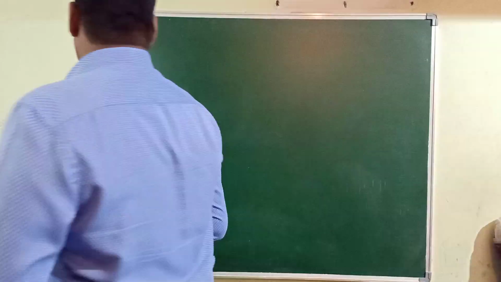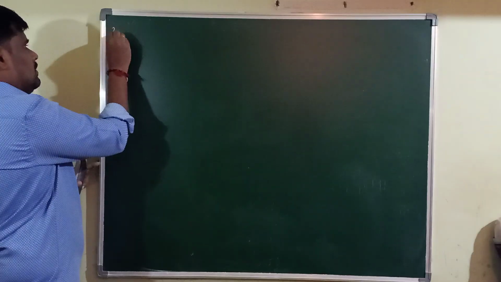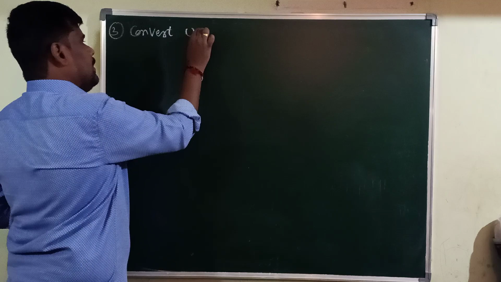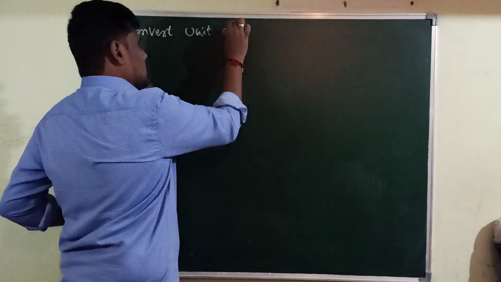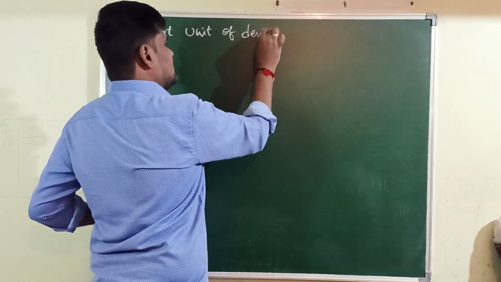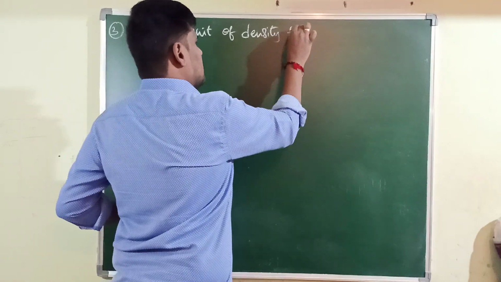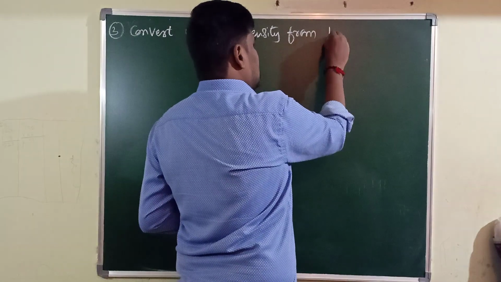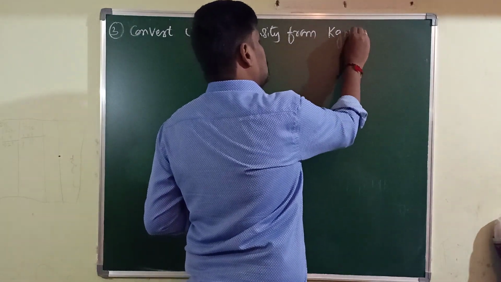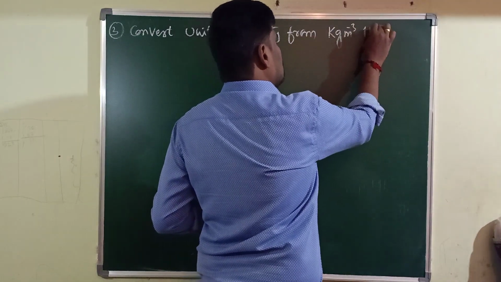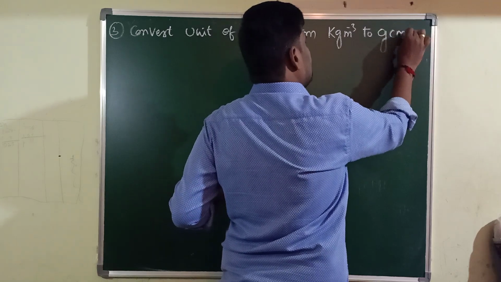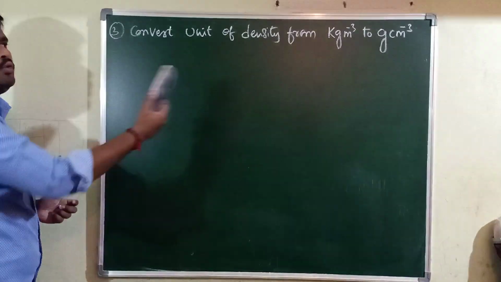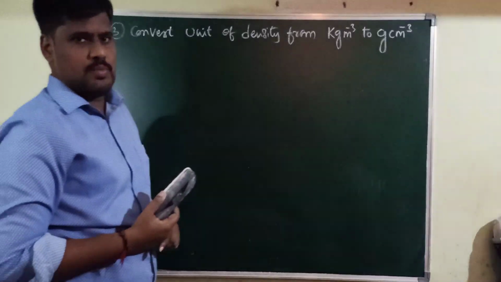I will take the next example here. Convert the unit of density from kg per meter cube to gram per centimeter cube.